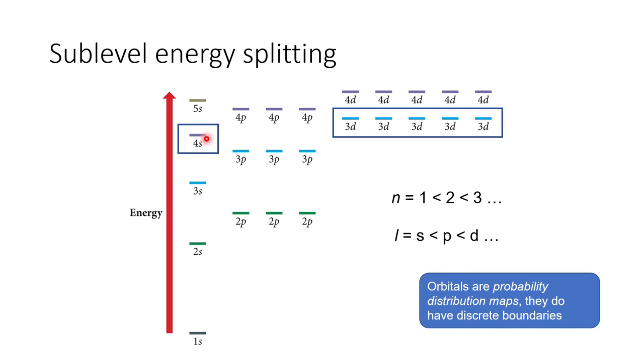So if you've ever used GPS to find your route for somewhere, when you open Apple Maps or Google Maps or whatever, and you see your little blue dot and there's that big circle around your blue dot that's shaded, that's the probability. So your location is somewhere in that shaded circle. That's what an orbital is for an electron. So it is just this area in which an electron could exist. It is a probability distribution map.